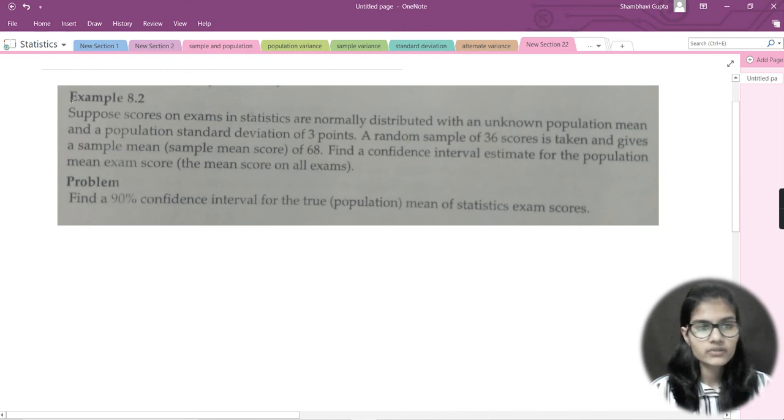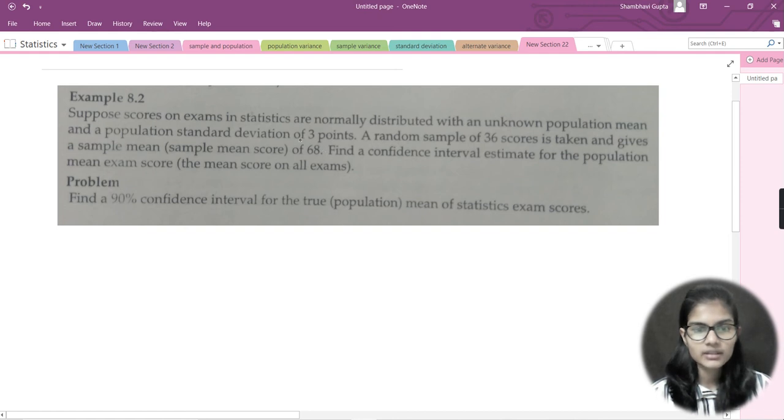So my question says that suppose scores on an exam in statistics are normally distributed with an unknown population mean and a population standard deviation of 3 points. I have the standard deviation value here. A random sample of 36 scores is taken and gives a sample mean of 68.